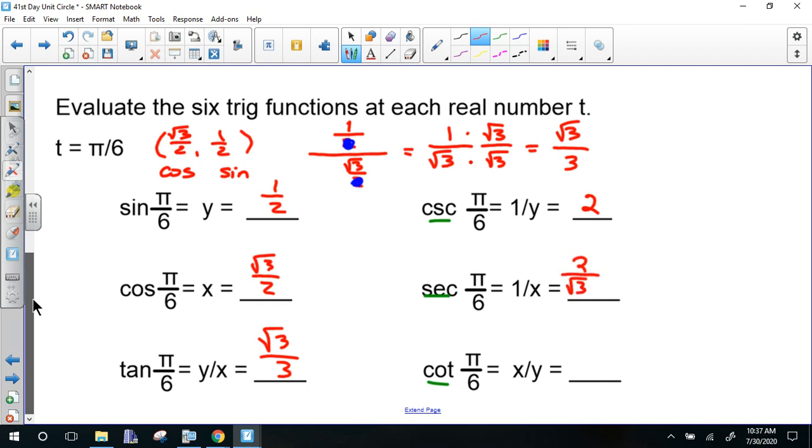But I can't leave it like that. I have to multiply by the conjugate to get 2 root 3 over 3. And tangent of pi over 6, if I flip square root of 3 over 3, I'll get 3 over root 3. And I can't leave it like that.